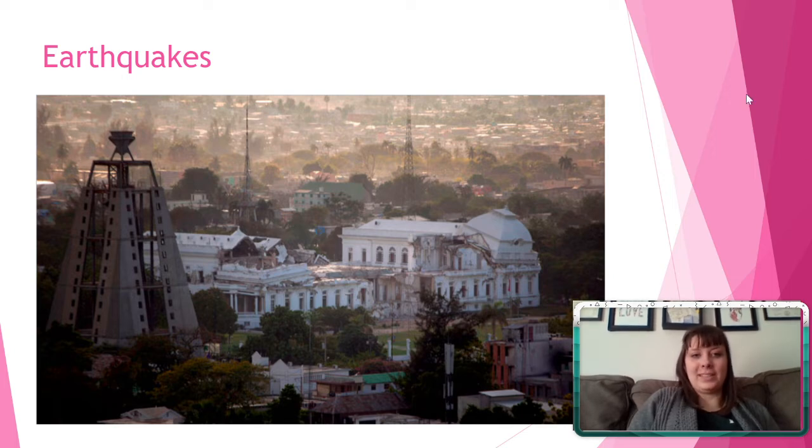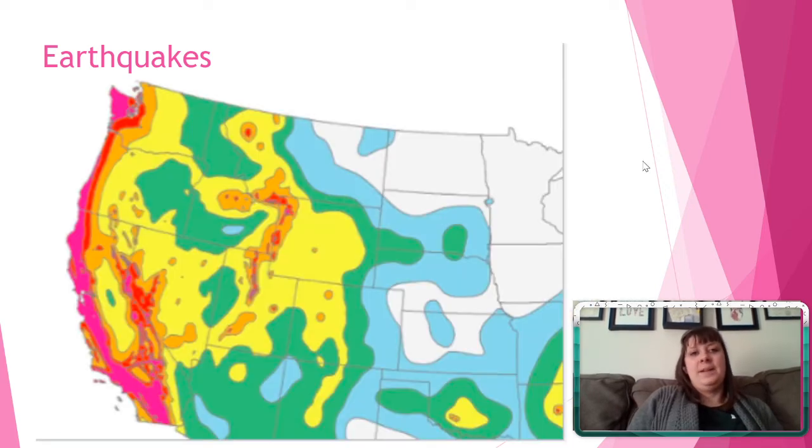Here's some more earthquakes. Check out this building. Look at that. Isn't that crazy? This is a map of the western United States and how likely these places are to have a larger earthquake based off of the frequent earthquakes that we've had.